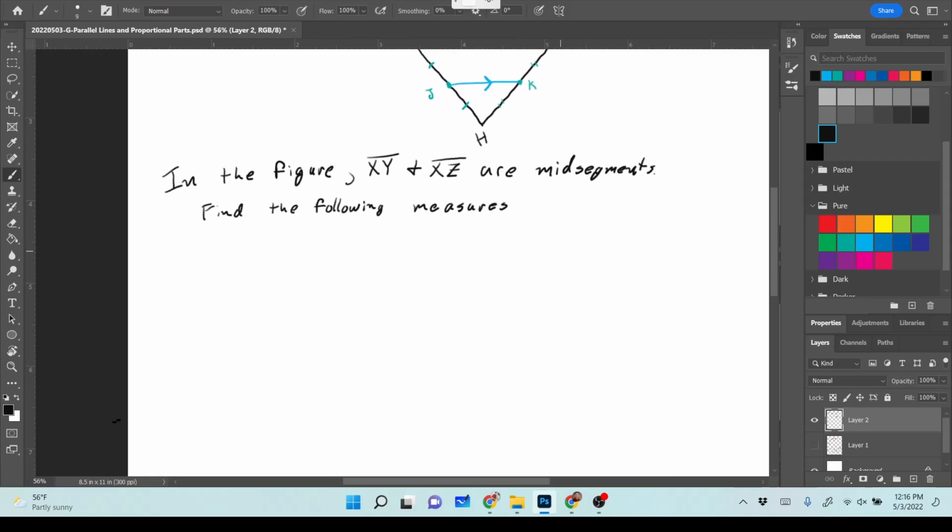Okay, so the triangles we have look something like this.